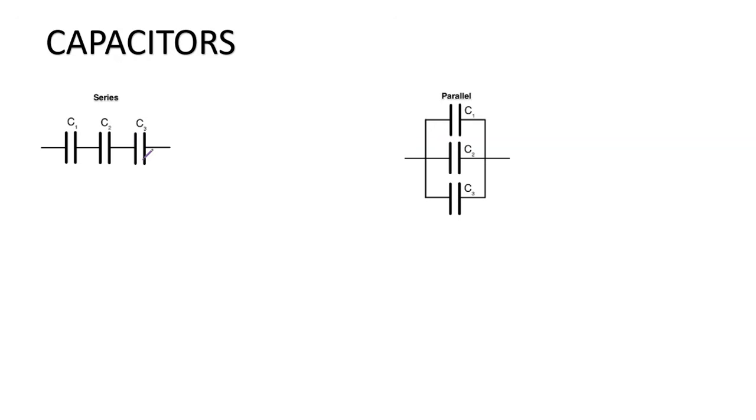So capacitors in series would be 1 by CT equals 1 by C1 plus 1 by C2 plus 1 by C3. And capacitors in parallel would be like resistors in series. So CT will be C1 plus C2 plus C3.